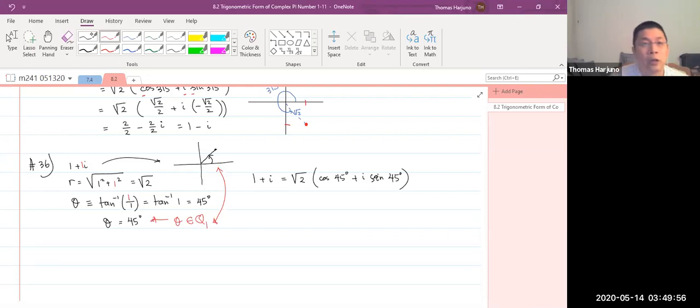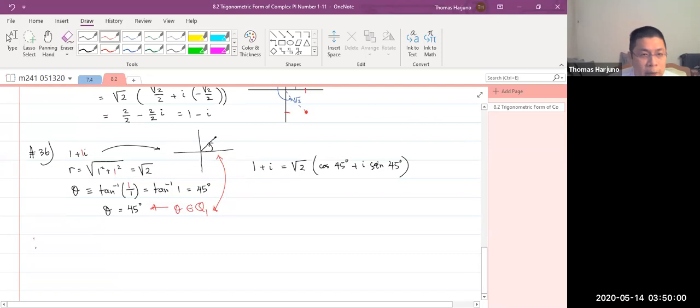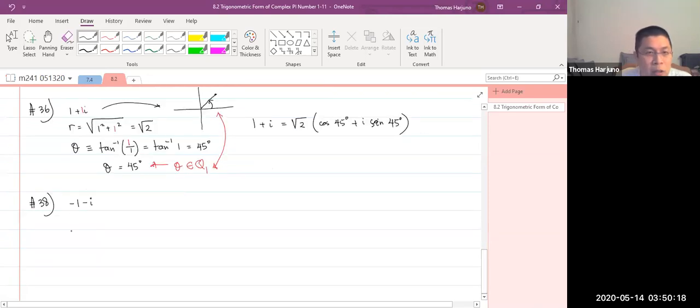Now, contrast this with number 38. Number 38. We have negative 1 minus i. Now you will see, can you compute the radius?